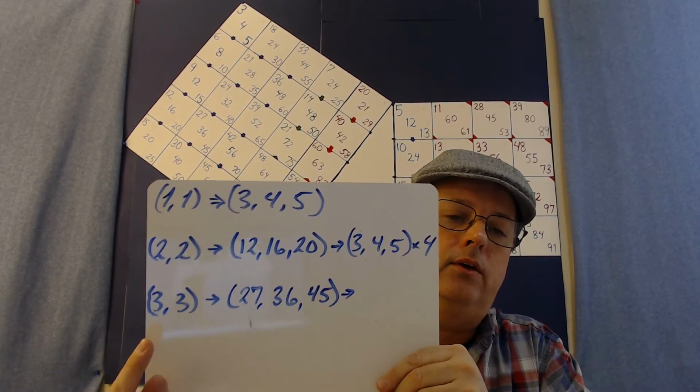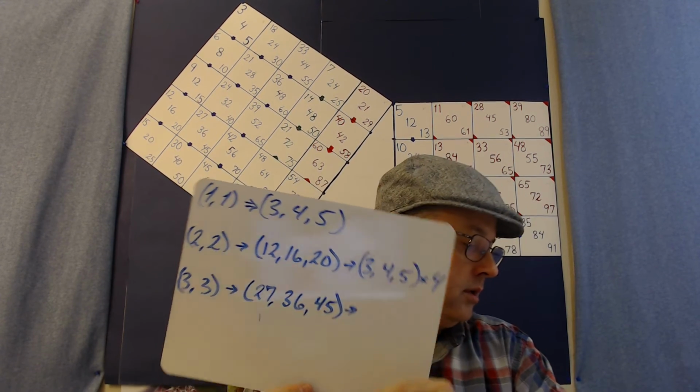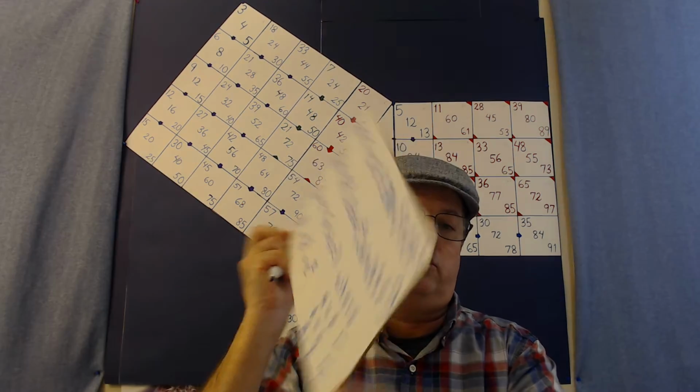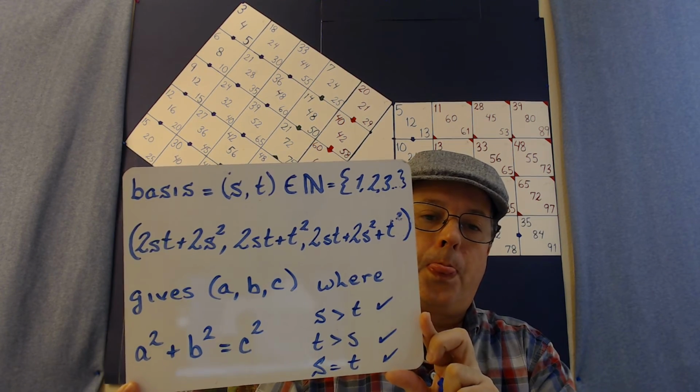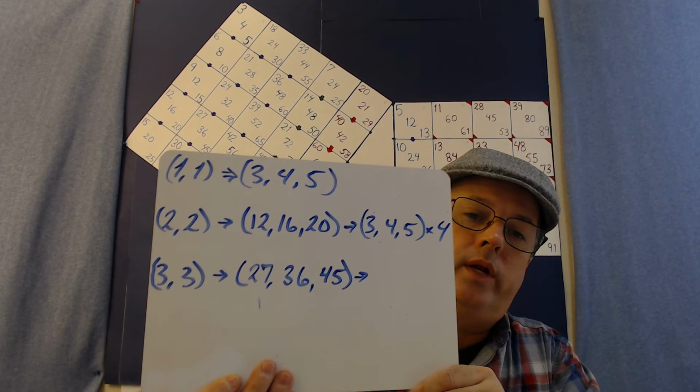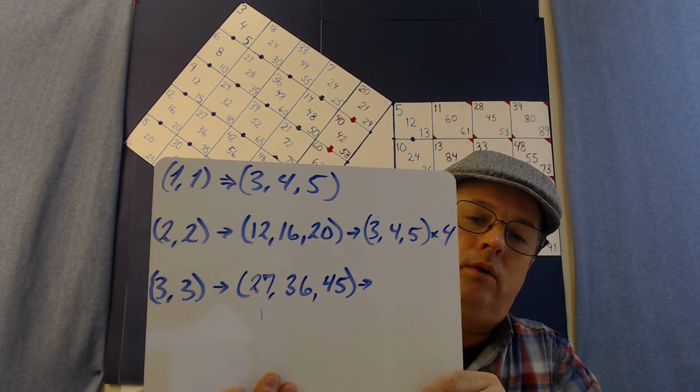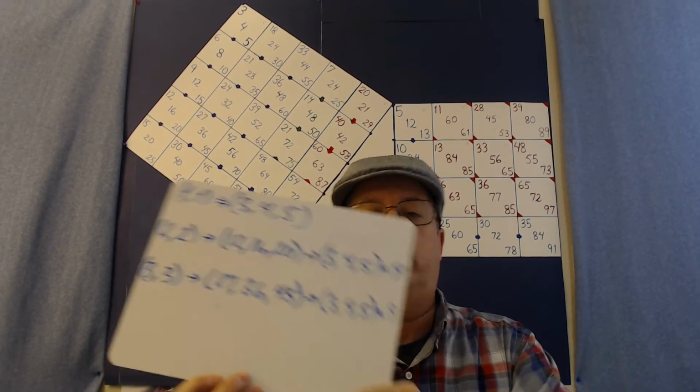Okay, so if we take 3 and 3 and run it through our generating formula here, then we will get the 27, 36, 45 triangle. And that's, again, a multiple of the 3, 4, 5. And that's times 9. Okay.